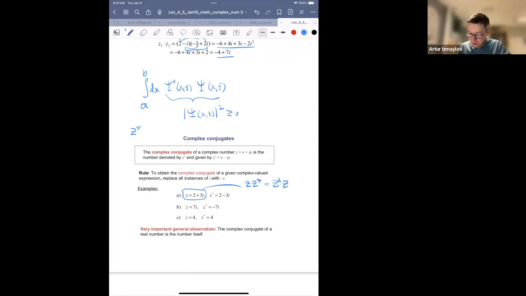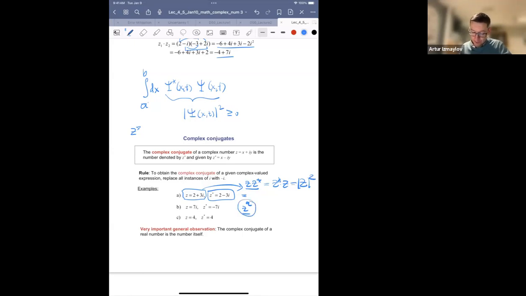It's commutative. When we deal with operators, that's not the case, but with numbers it is. So if we do this multiplication, we're going to get a positive number, while if we do z squared, that's not necessarily positive. So mind the difference between z times z star, the absolute square, and the regular square.